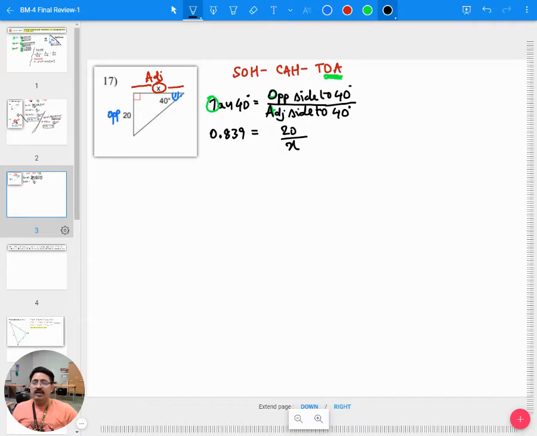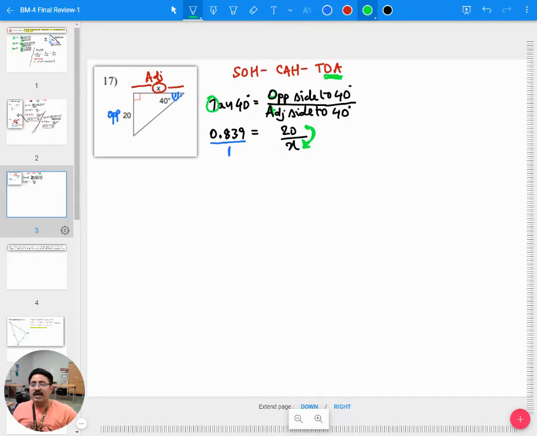Actually, you may go for cross multiplication, but it is a little lengthy process. In such a case, what I recommend is, if the value to be computed is in the denominator, you take the reciprocal on both sides.